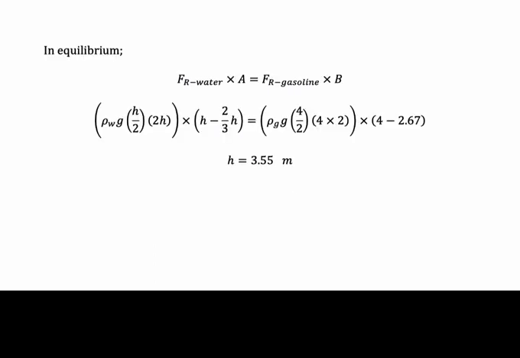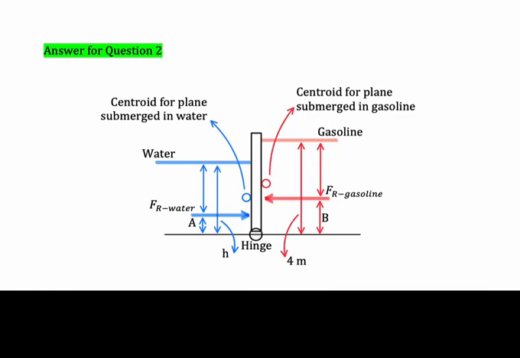And then we need to understand that, back to this diagram, we have a hinge at the bottom here. So when we have a hinge here, we need to calculate according to the rotating moment. The idea of rotating moment is that we multiply the force and the distance from the hinge.